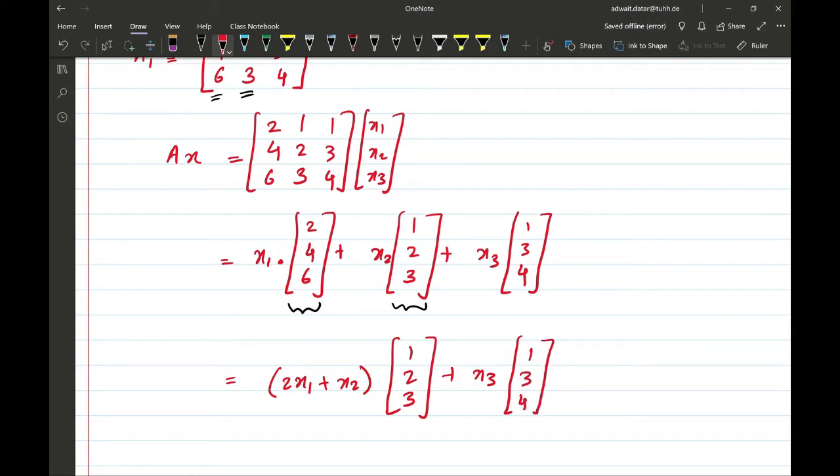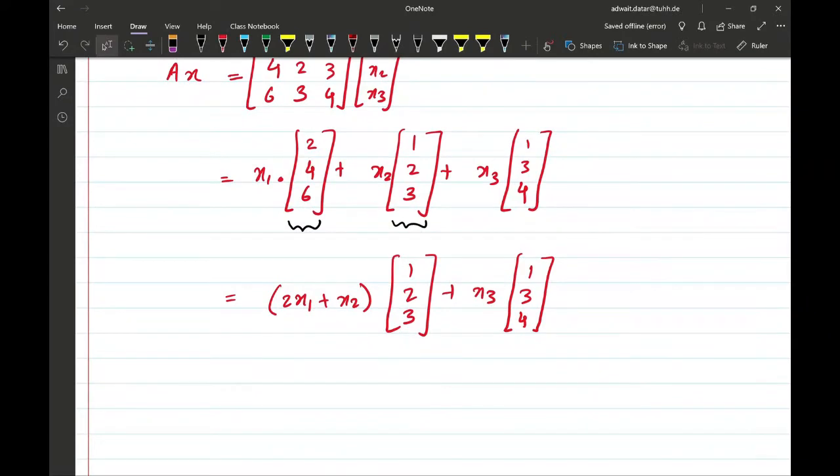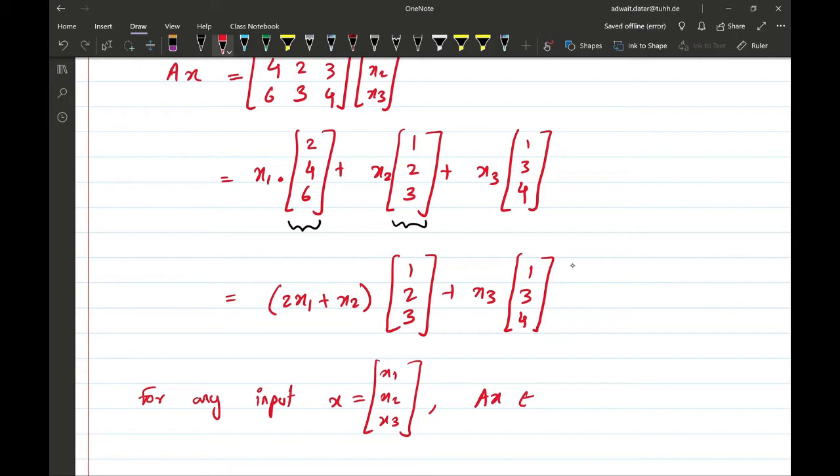So what we see is that for any input x, which is x1 x2 x3, the vector x, the output Ax has to belong to the span of 1 2 3 and 1 3 4.